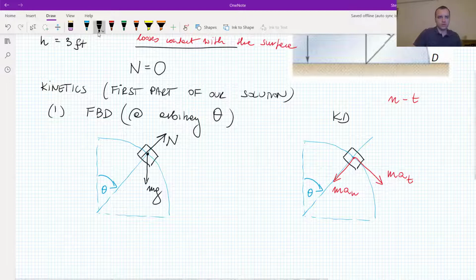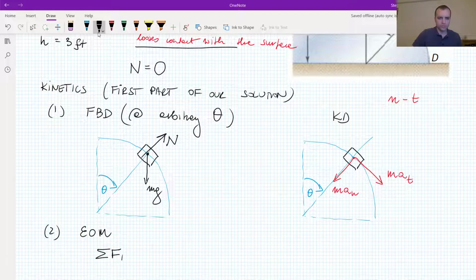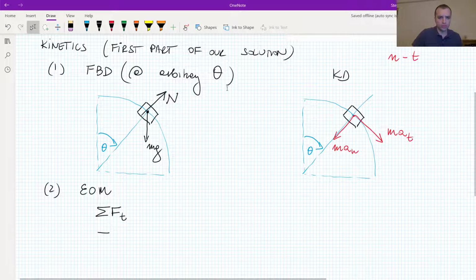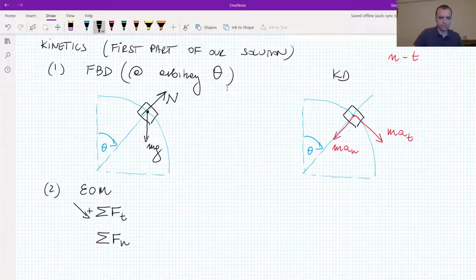Okay, and now in the second part of our solution, we should write down equations of motion for tangential direction and also for normal direction. Okay, so what happens along the tangential direction?